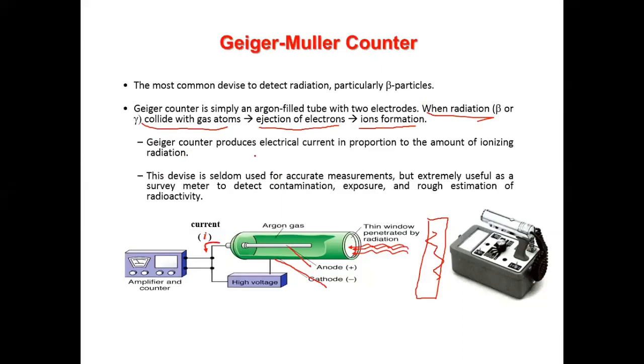Then electricity is produced in proportion to the amount of ionizing radiation. The more ions are formed inside this tube, the more the deflection of this needle towards the right side, because more current is produced by these ionizing radiations, which ionize the argon gas present inside the tube.